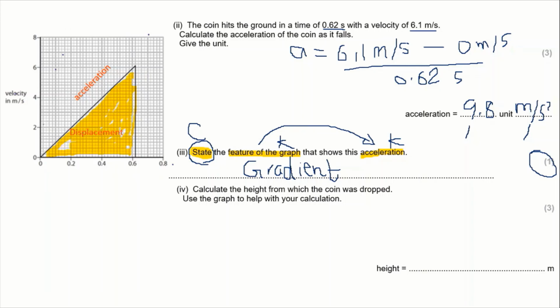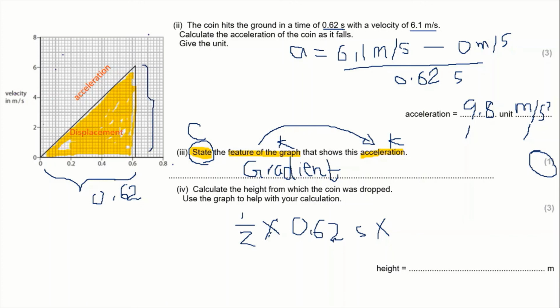So how do you find this? It's very easy. That is the area of the triangle. How do you find it? Half into base. So what's the base? It's 0.62 seconds, into height.